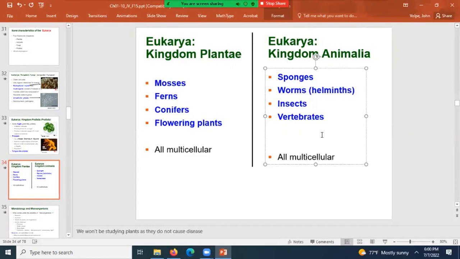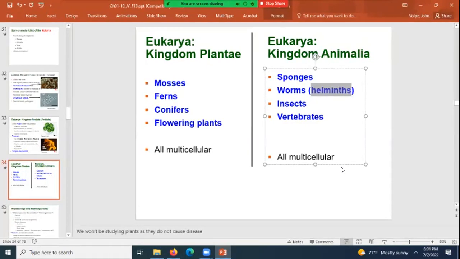Any question about that? We will study a few of the animals because some of the helminths do cause human disease. Okay? Any question about that? All right.